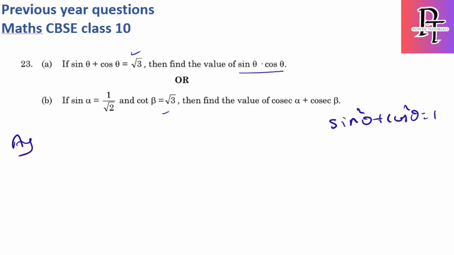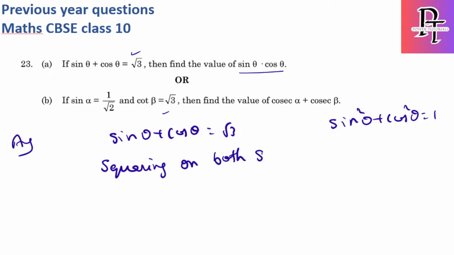So for this what you have to do is square both sides. Sin theta plus cos theta is equal to root 3. Apply squaring on both sides. It becomes sin theta plus cos theta whole square is equal to root 3 whole square.